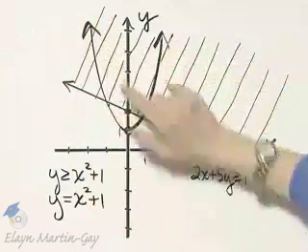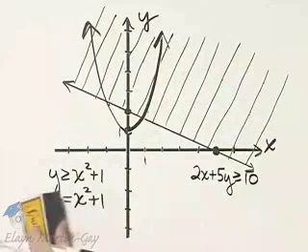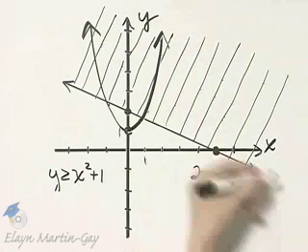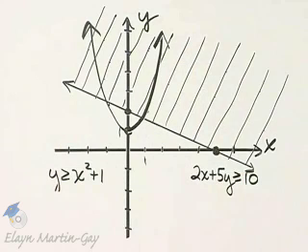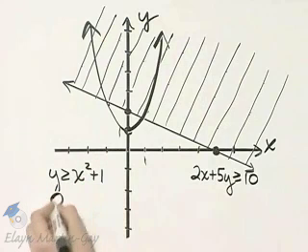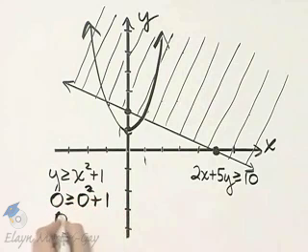Now you have to not pay attention to this graph a moment and just concentrate on the parabola. We will either shade inside the parabola or outside the parabola now that we go back to the inequality. So how do we decide? We choose a test point just like as for linear inequalities. So our test point, I'll use (0, 0). If y is 0 and x is 0, is this true or false?